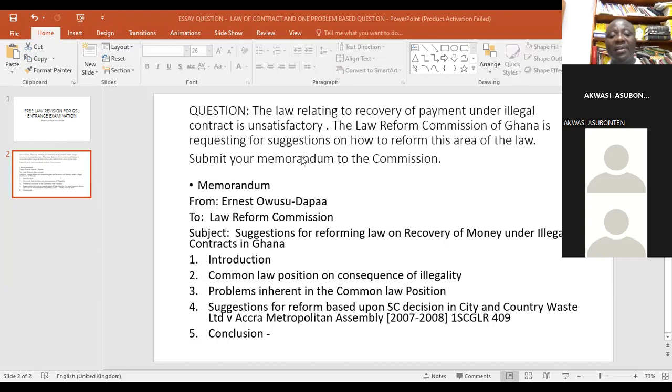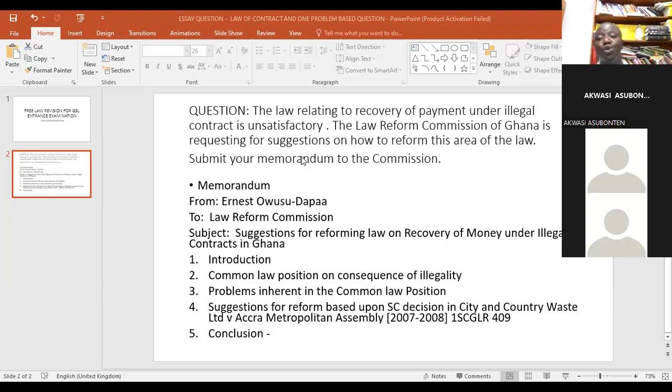Now, taking point 2, as I said, it will be useful for us to explain that an illegal contract is a contract which has been entered into or concluded either in defiance of a statutory provision or a known public policy, or a contract which was not necessarily illegal at the inception, but its performance is tainted with illegality, maybe due to some subsequent developments after the making of the contract.